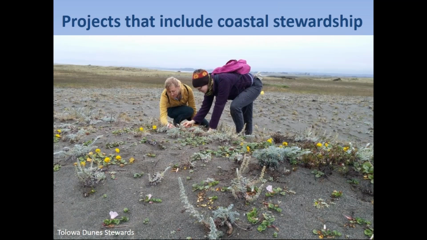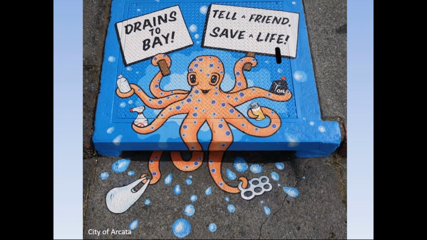Continuing with examples of what we fund, this grants program has a big emphasis on environmental stewardship, meaning taking action to help care for the coast and other environmental resources. For example, a project might involve participants in native habitat restoration. Here's another example, pollution prevention messaging through storm drain art.